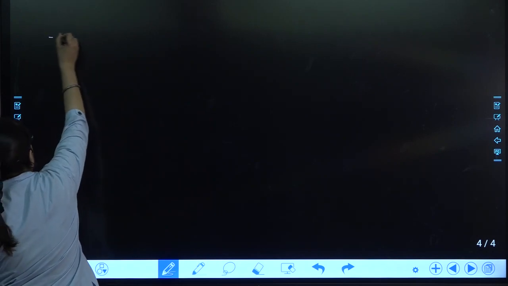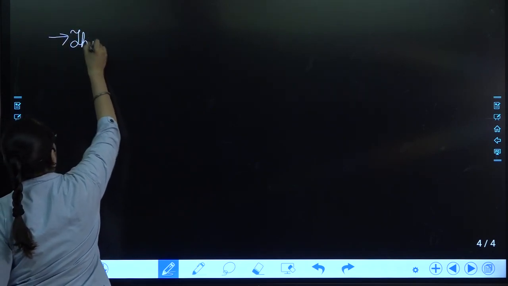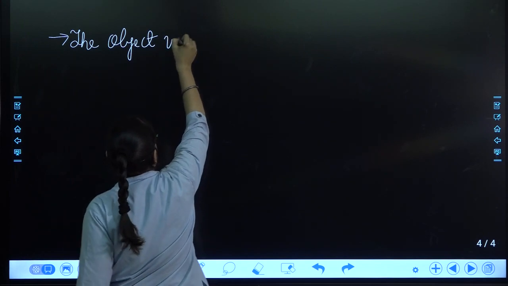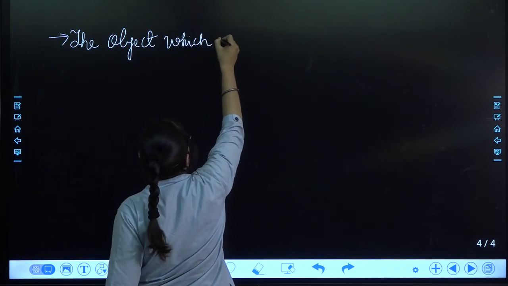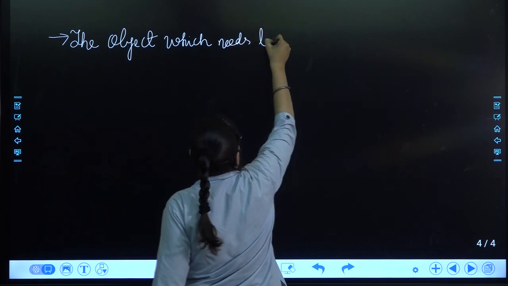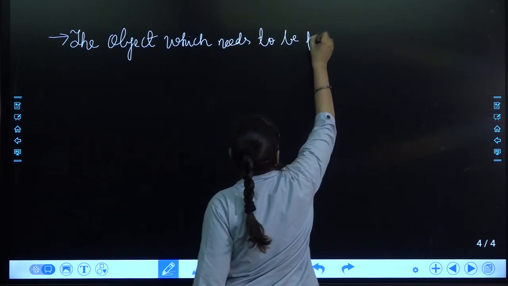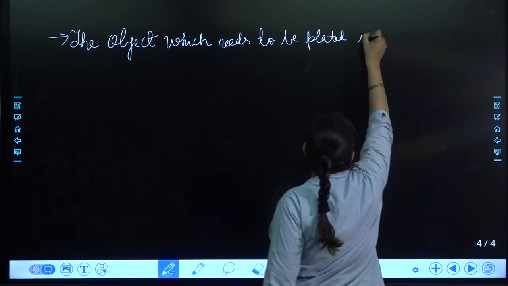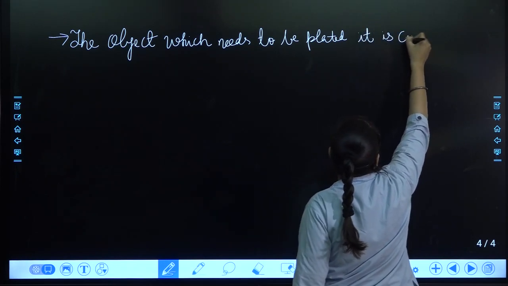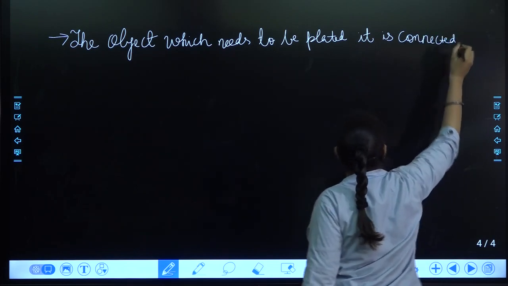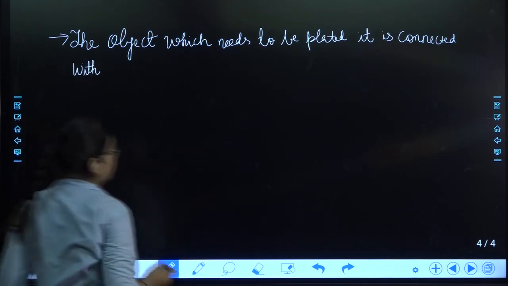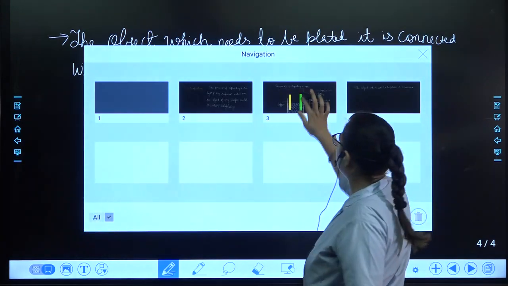First of all, the object which needs to be plated, meaning the one on which electroplating is to be done, is connected with this one.